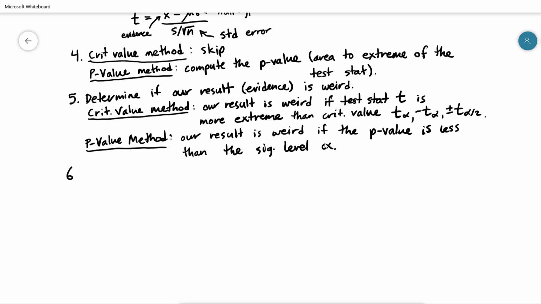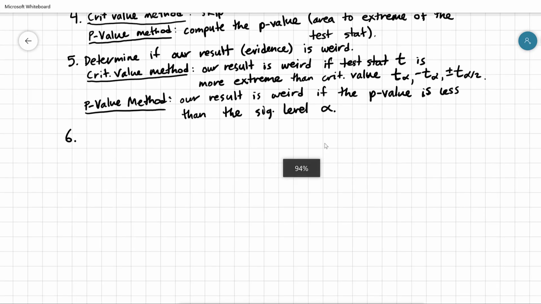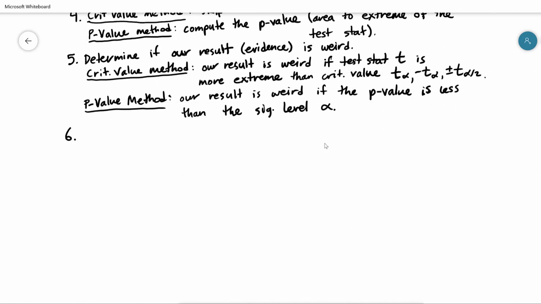And lastly, step 6, we need to draw our conclusion in plain English. But let me sneak in one other thing for step 5.